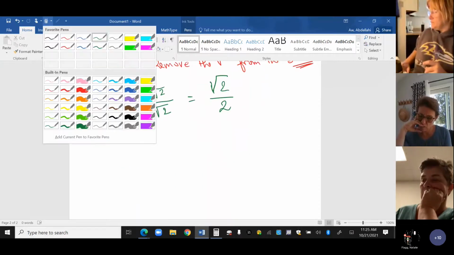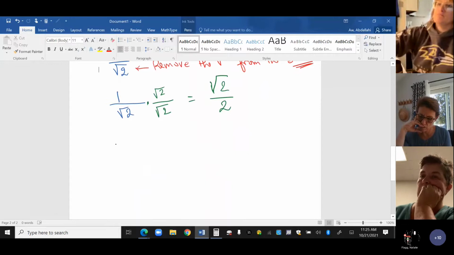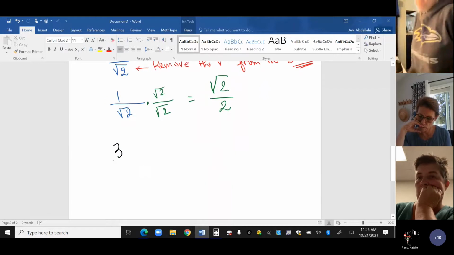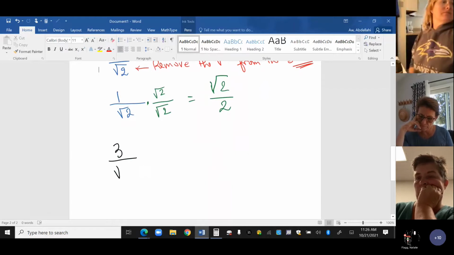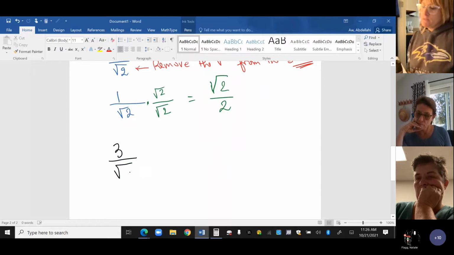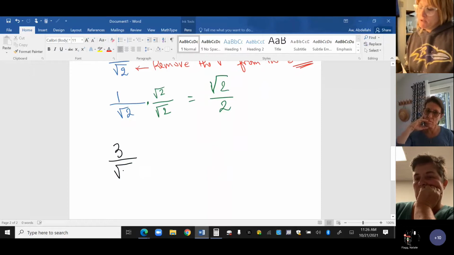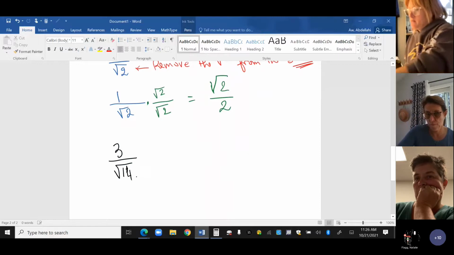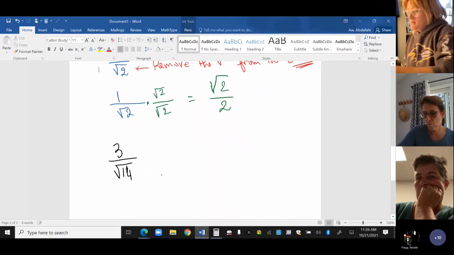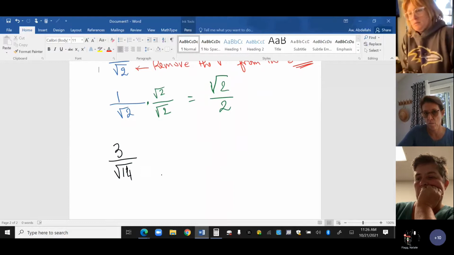So the first examples are this simple. If you say 3 over square root of 14, to rationalize the denominator, what do you suggest? You have to multiply and divide by what?